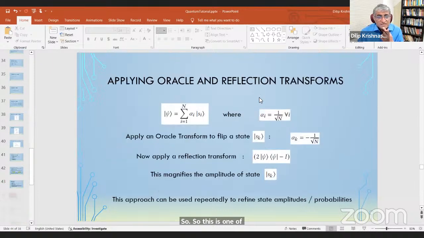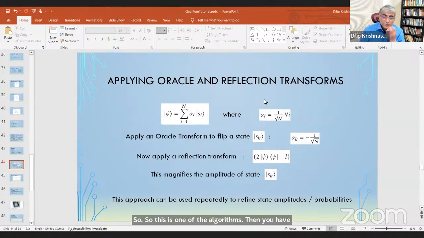Then you have search kind of algorithms where you're trying to find something which has a higher amplitude. For that, there are the oracle and reflection transforms, where if you apply an oracle transform, you flip the state. So if the amplitude is, say, 1/square root of n, it flips to a negative 1/square root of n.